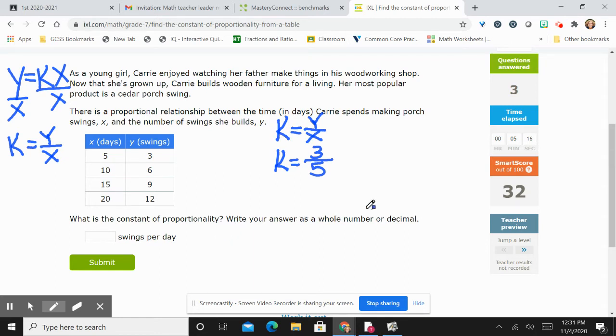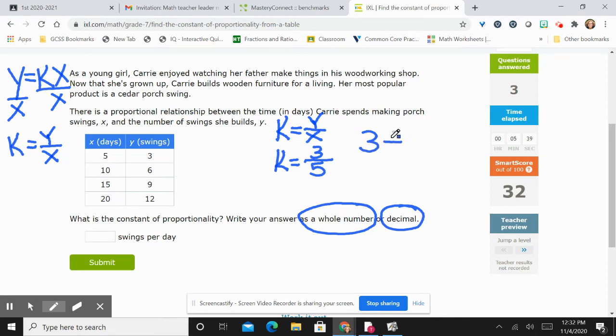This says write as a whole number or a decimal. So you're going to divide 3 by 5. And remember, we're way past putting the big number in first. So let's not go with put the big number in first.